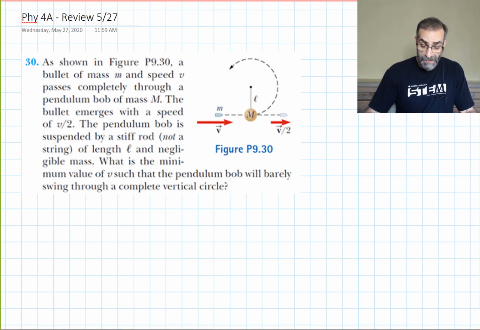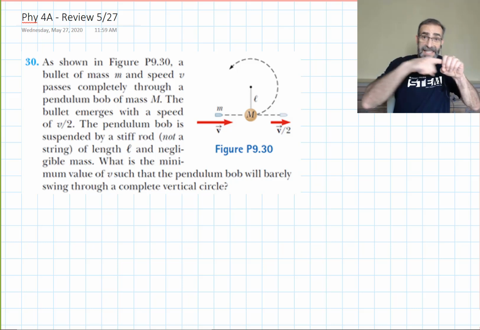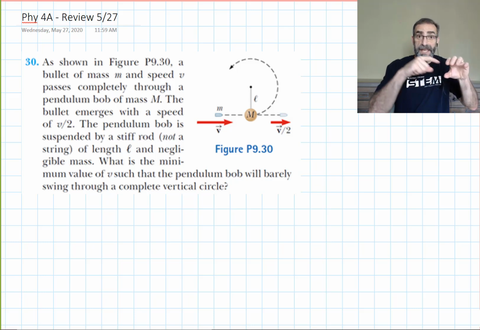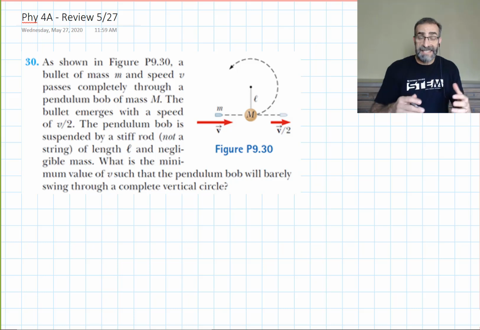We look at this, and we know for certain this is not elastic. This collision is not elastic because the bullet goes completely through that pendulum bob and comes out the other side, and it leaves a hole in it. That's a huge amount of deformation, right?